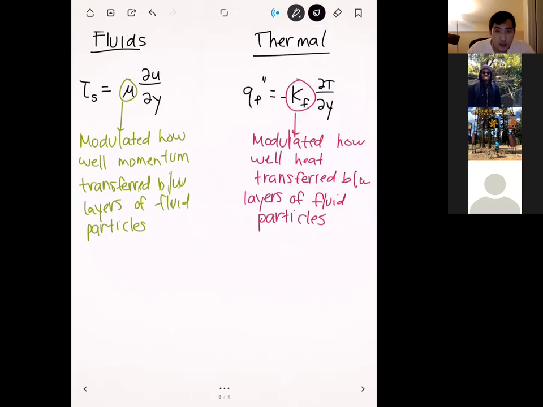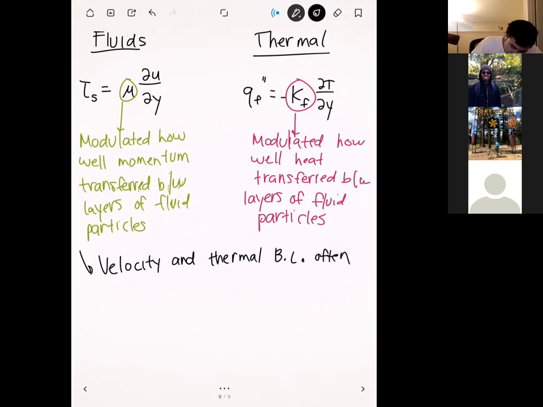Even though I drew both the thermal and the velocity boundary layers, the complicated thing is that these two often don't overlap each other. Often one will grow faster than the other.